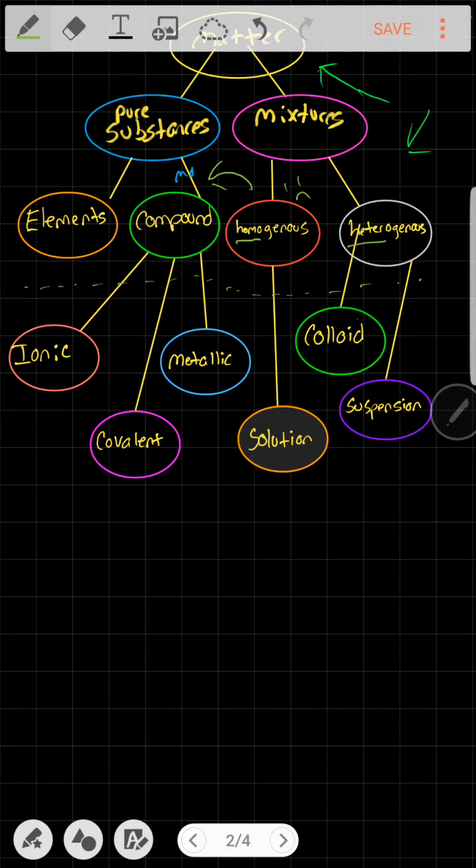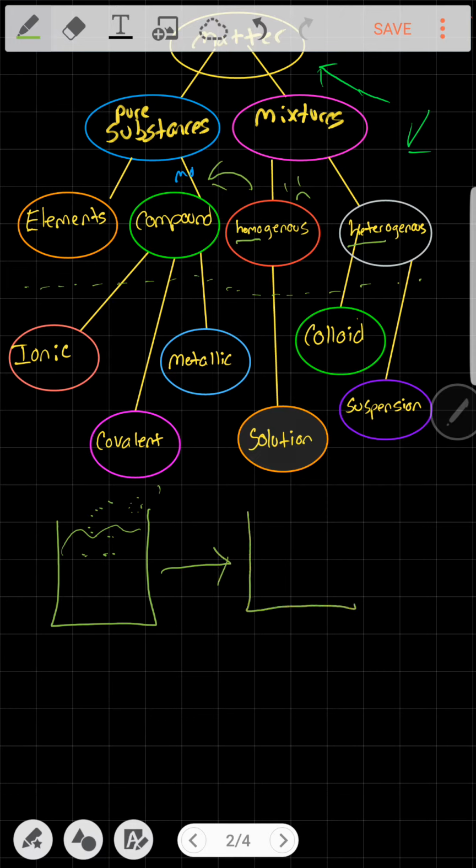So let me take, for example, another canister, and it's filled with water, right? And I've poured table salt into the water, and it's gone now. The table salt is mixed evenly throughout. I can't tell if there's any sodium chloride there.